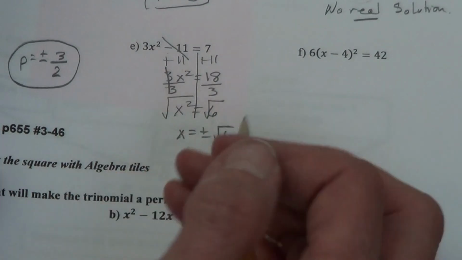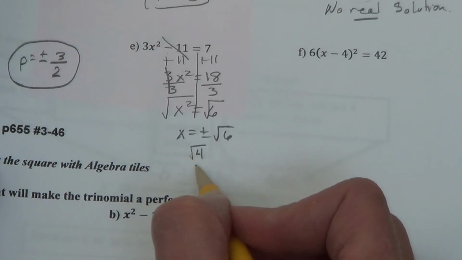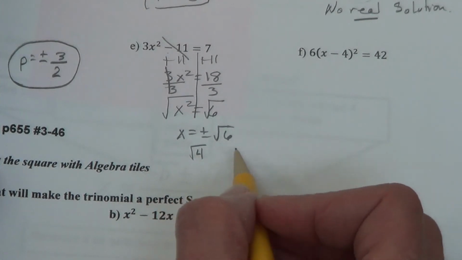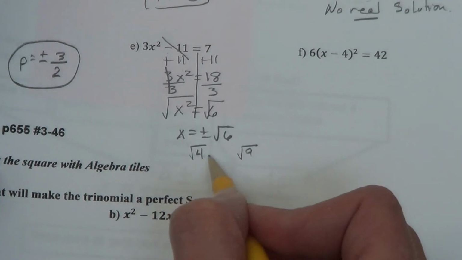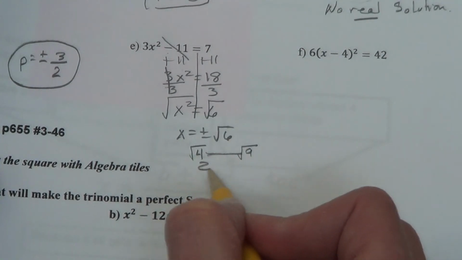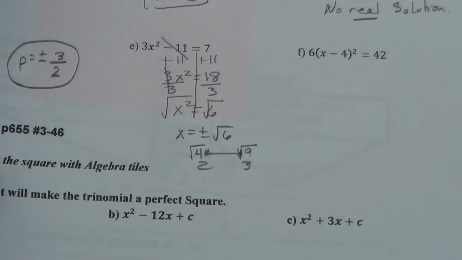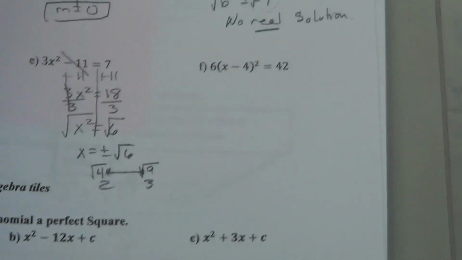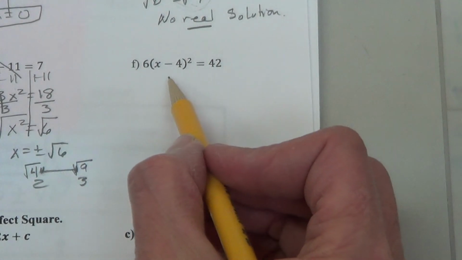We know that because the perfect square of 2 is 4, so the square root of 4 is 2, and the square root of 9 is 3. So we know that it's between 2 and 3 on our number line, so we can still kind of picture it in our graphing. Okay, next problem, just a slight variation here.